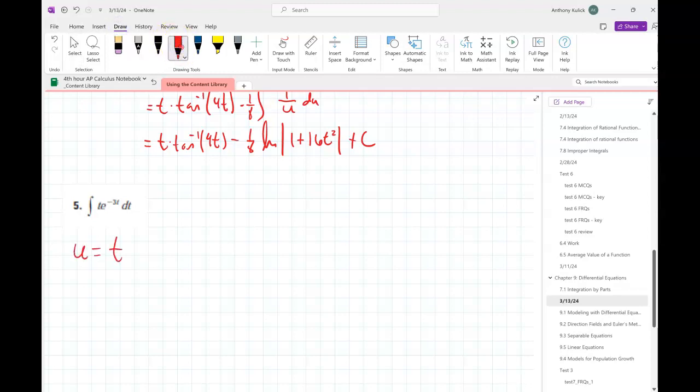I picked t. Because when I take the derivative of t, what do I get? Yeah. Because boom. Right? Now, to do the integral here, I have to do a u sub, right? And that's kind of stinky, but I'll get over it.